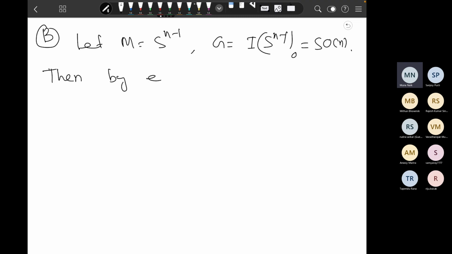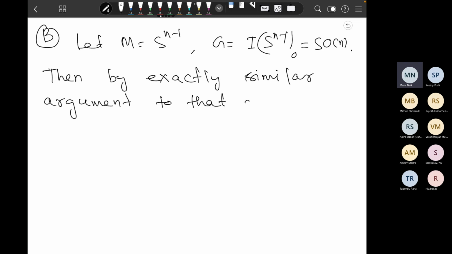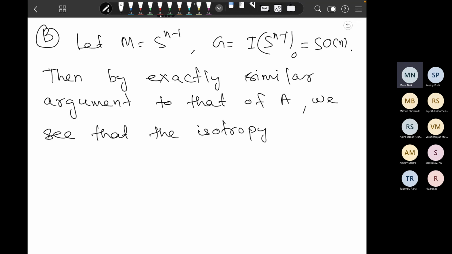Then by exactly similar argument to that of the previous example, we see that the isotropy representation is irreducible. You can check it. Okay? Because the stabilizer will be SO(n-1), and that SO(n-1) will act on R^{n-1}. The isotropy representation is irreducible.